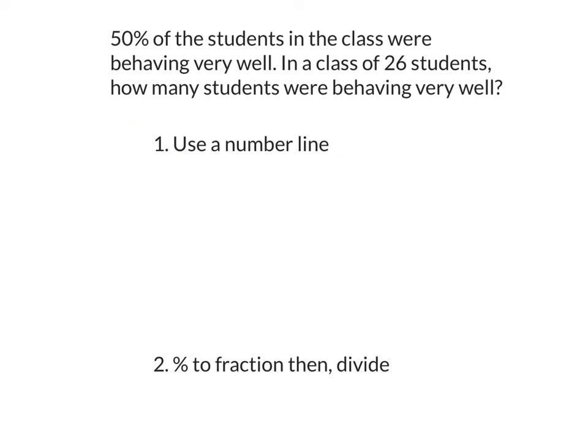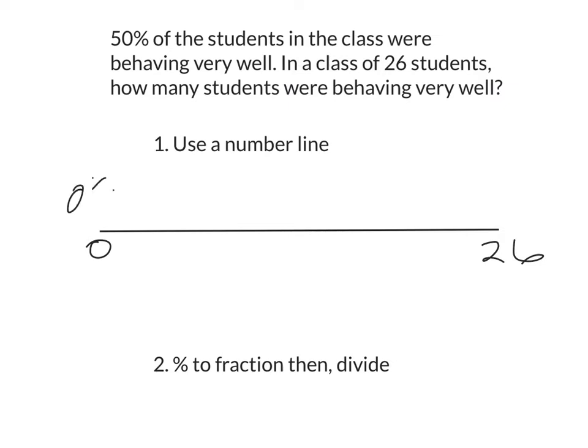So if I took a number line and just did one really quickly over here, just like this, and let's say over here is 0 students, over here is 26 students, and now we know percentages. If this is 0% of the number line, and this is 100% of the number line, where would 50% be?